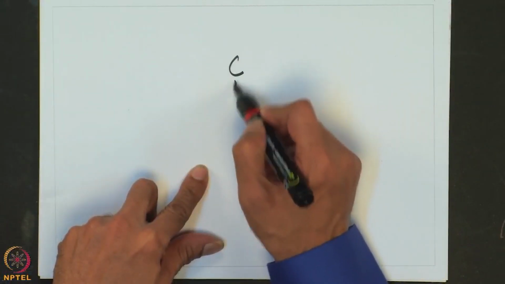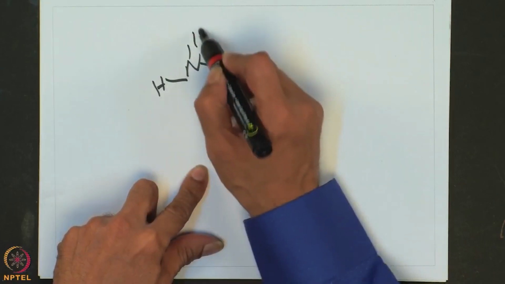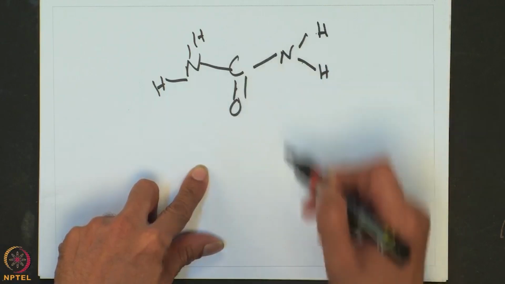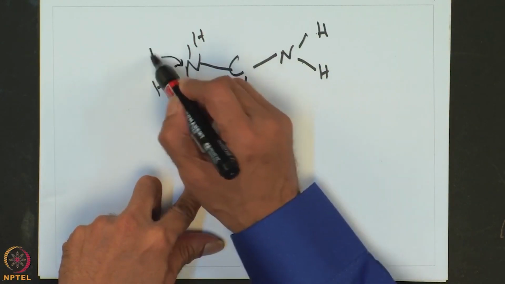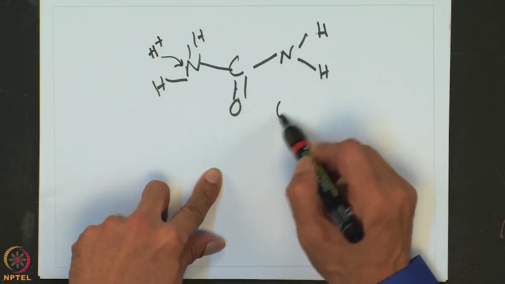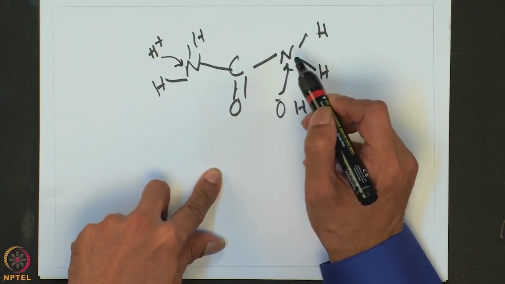So, as a result of that, now in urea you have NH2s of this kind, and this will get the other hydrogen, and this will have the OH from the other nickel.